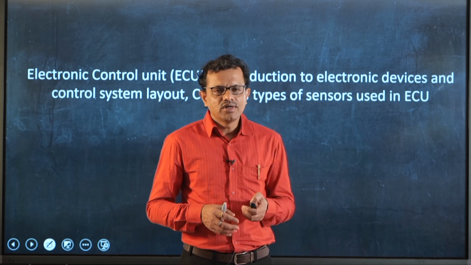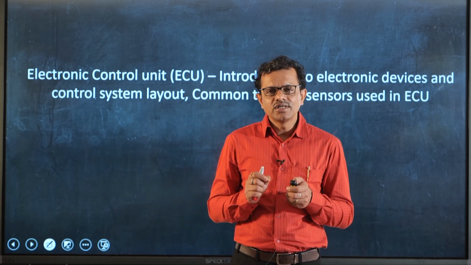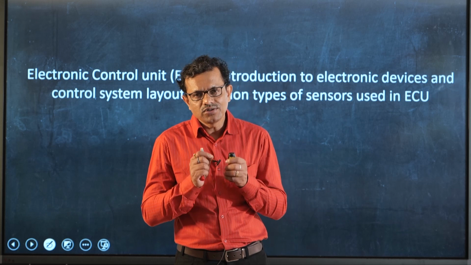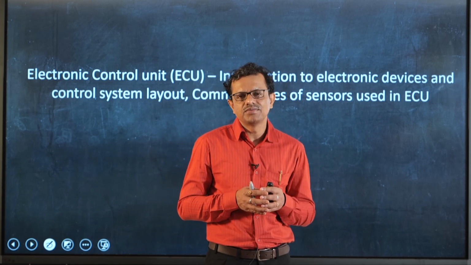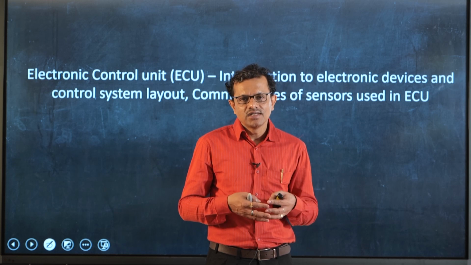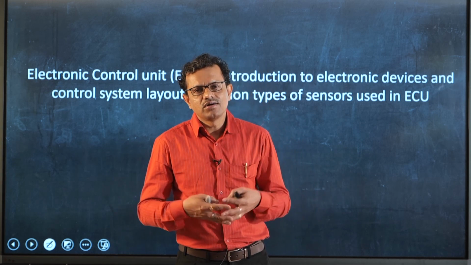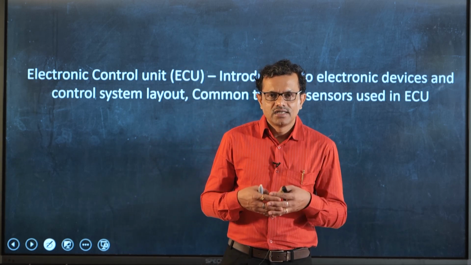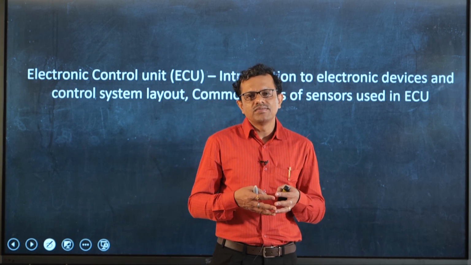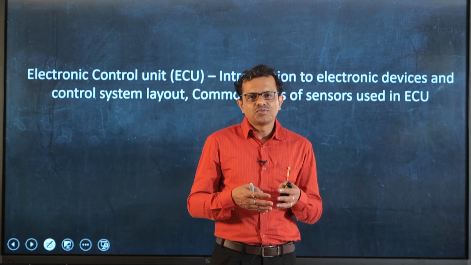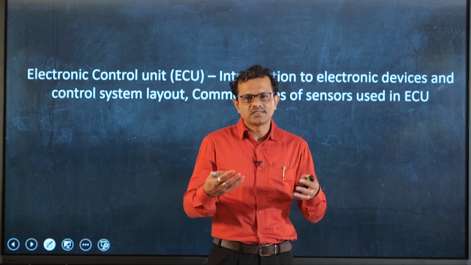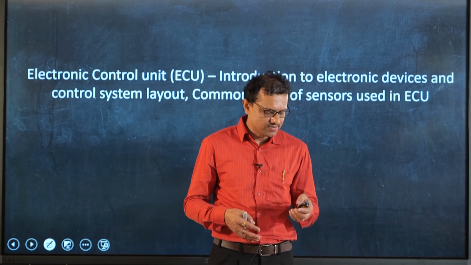The electronic control unit receives inputs from different parts of the engine, and depending on the requirement, it sets some corrections to be done, and accordingly we get outputs from the ECU that are necessary to adjust the engine to the changed or altered conditions.